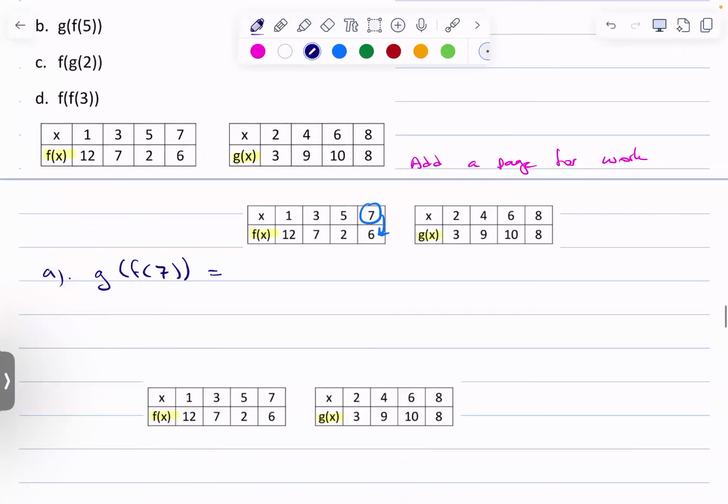And so here, g of 6. Now I take my 6 and walk it over and use it as my input in my g function. And I get 10.